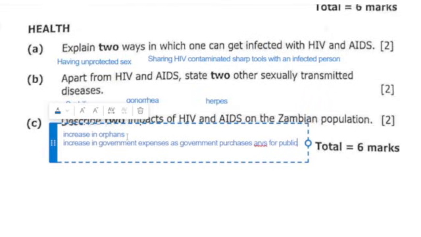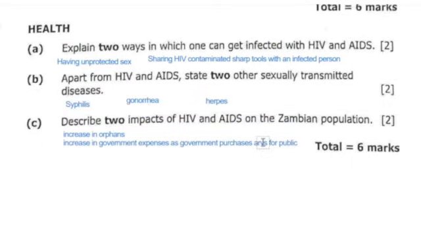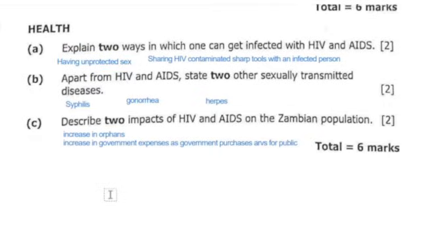Okay, so government will buy ARVs for the public. Let me see if you have got capital letters for ARVs there. No, so it's just going to be like that. So increase in government expenses as government purchases ARVs for the public.